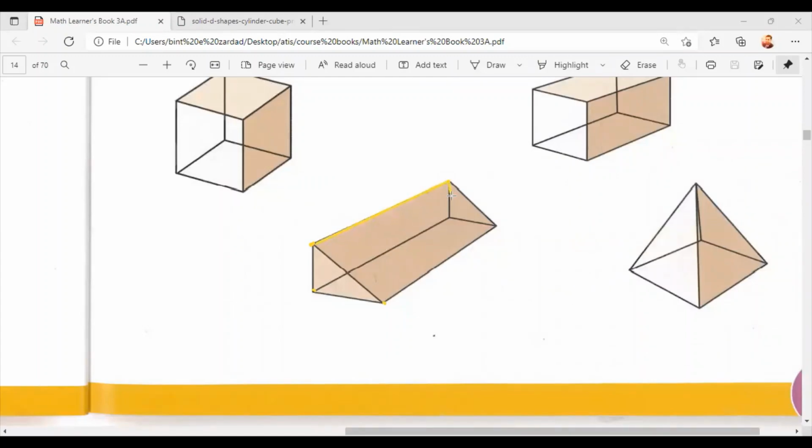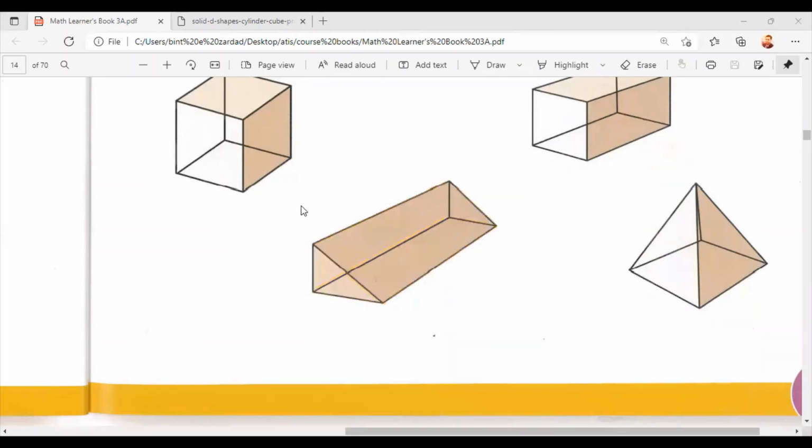One, two, three, four. Four sides here. Five, six, seven, eight, nine. So nine edges or sides in a triangular prism.